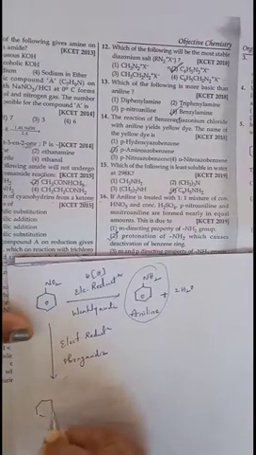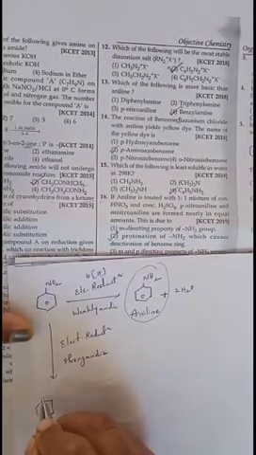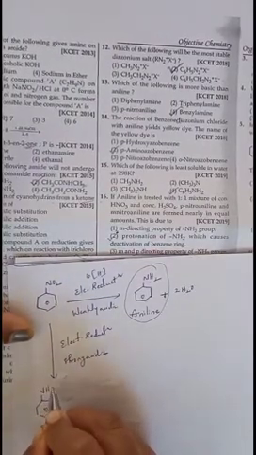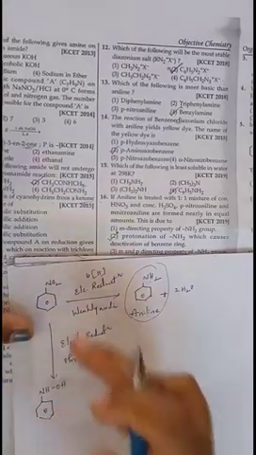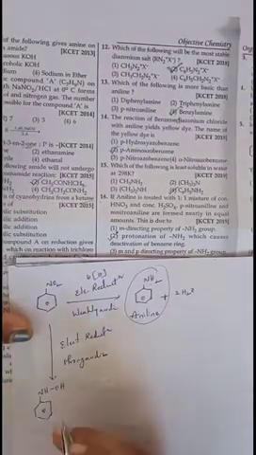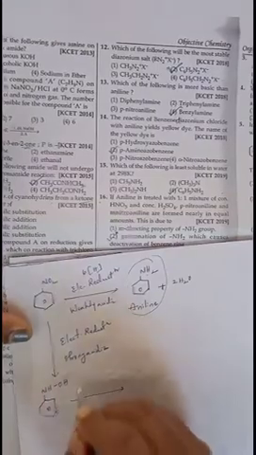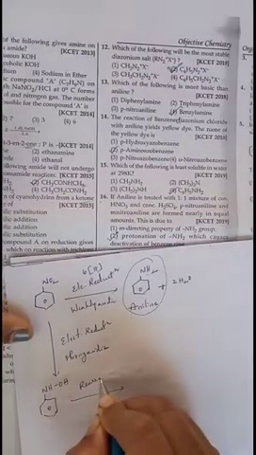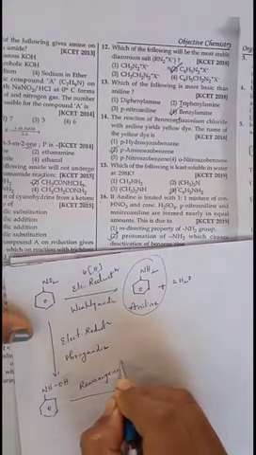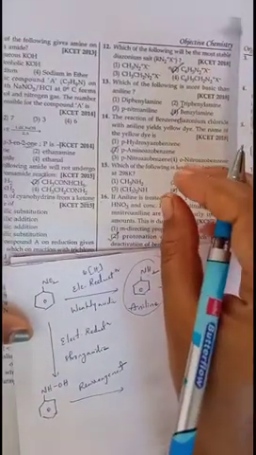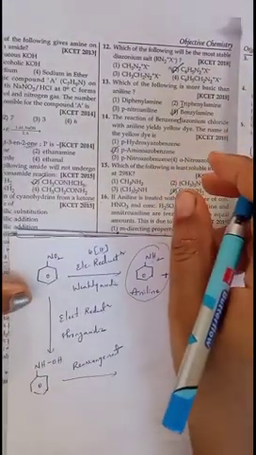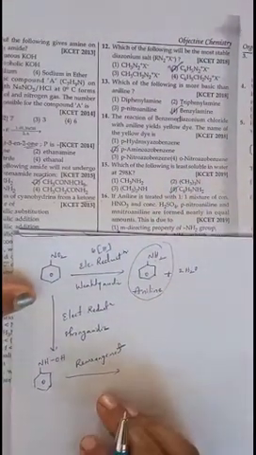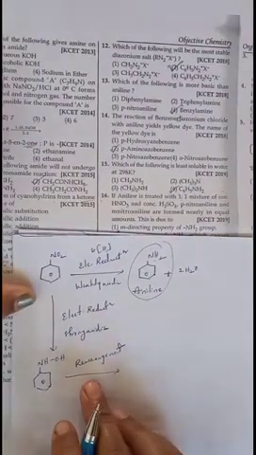See here, this nitro group is reduced into NHOH group. Then again it undergoes a rearrangement reaction. What is meant by rearrangement? Within the same molecule, the position of a group changes from one position to another position. Then that is called a rearrangement reaction.